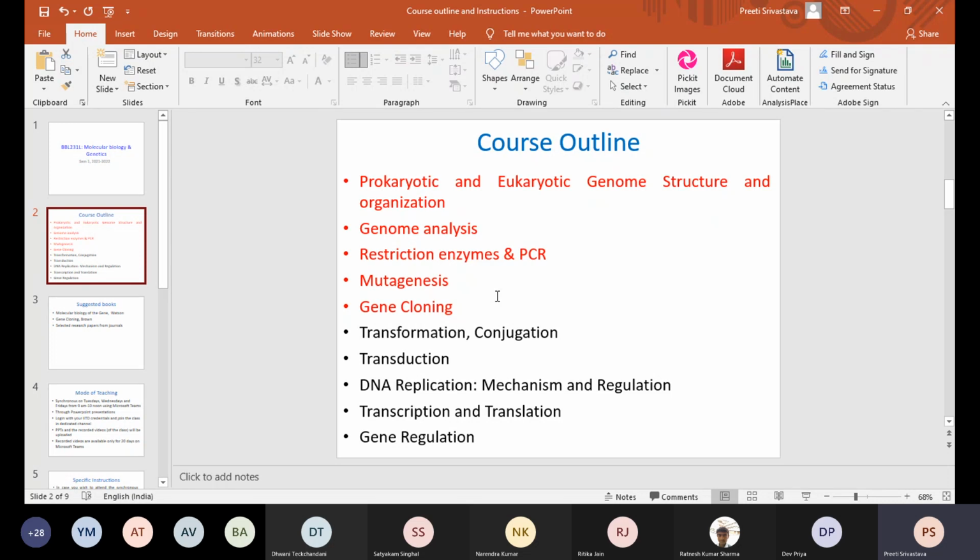After this, we are going to discuss mutagenesis. Mutagenesis, as the term itself says, is any variation from the normal sequence. We are going to discuss the various methods of mutagenesis, which can include chemical mutagenesis, or, for example, induced mutagenesis, which can be site-directed or random.